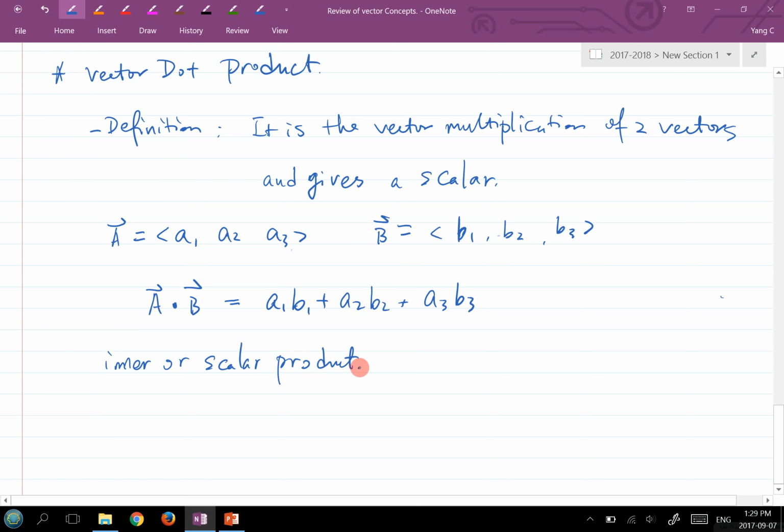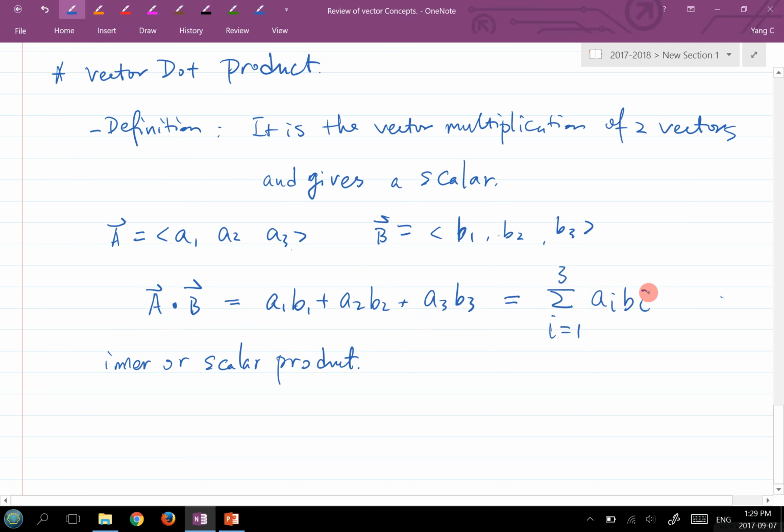You look at the result: it's a dot product of two vectors, and it ends up with a scalar quantity. And you can write it in a more concise way, using a summation sign.